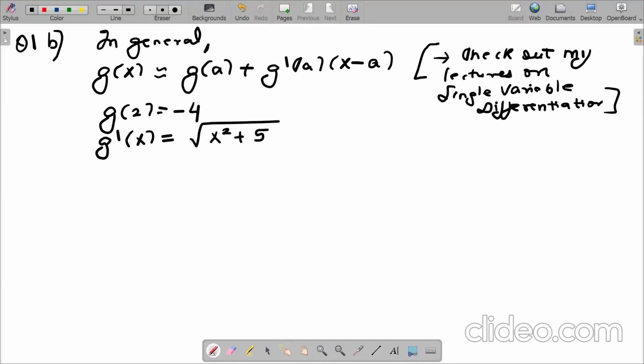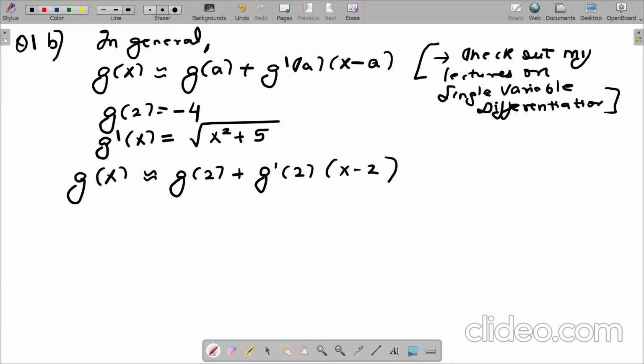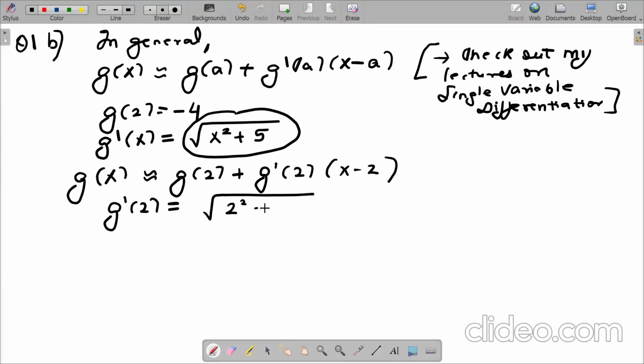So what will g of x be? It will approximately be equal to g of 2 plus g dash 2 times x minus 2. Now g of 2 is minus 4. What will g dash 2 be? G dash x is square root of x square plus 5. So g dash 2 will be square root of 2 square plus 5, which is square root of 4 plus 5, which is square root of 9, which is 3.